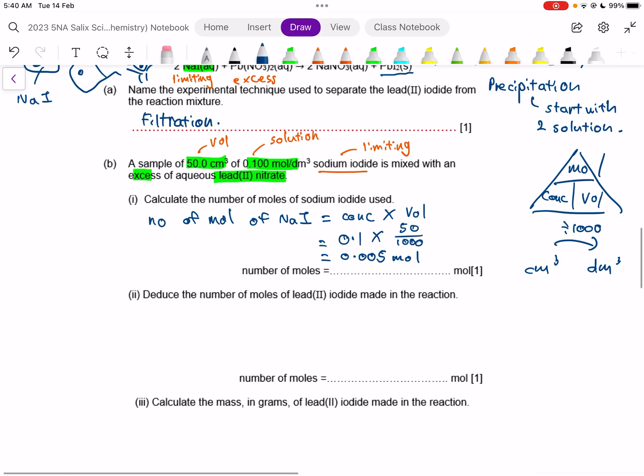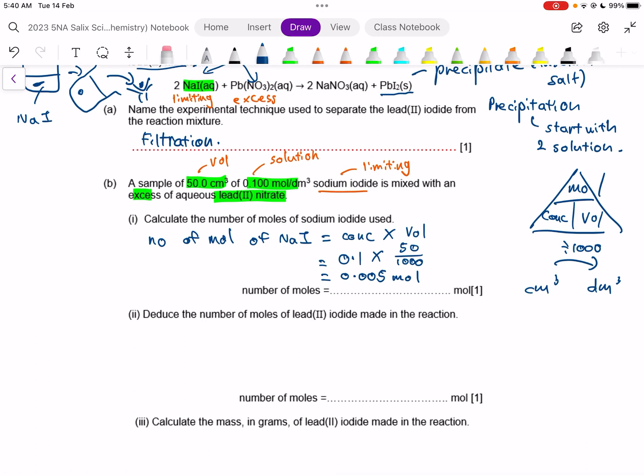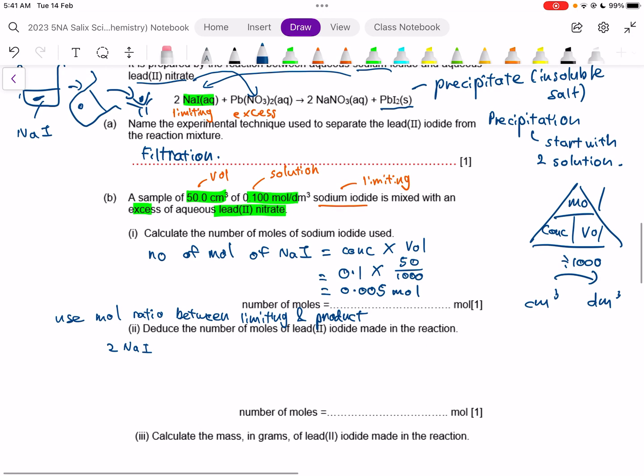Limiting is sodium iodide, so you use the mole ratio between limiting and product. So limiting is your NaI. They will tell you who is excess, then the other one is the limiting. Usually the question works this way. Then the product is lead(II) iodide.